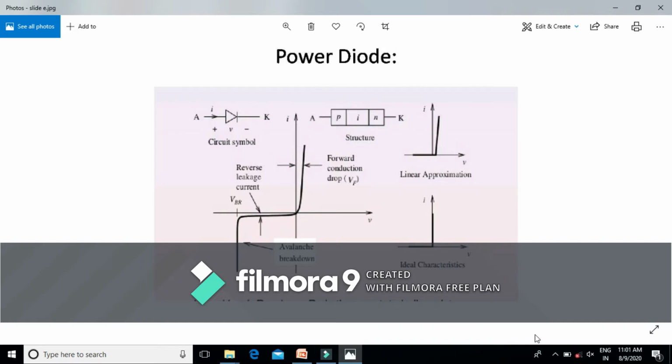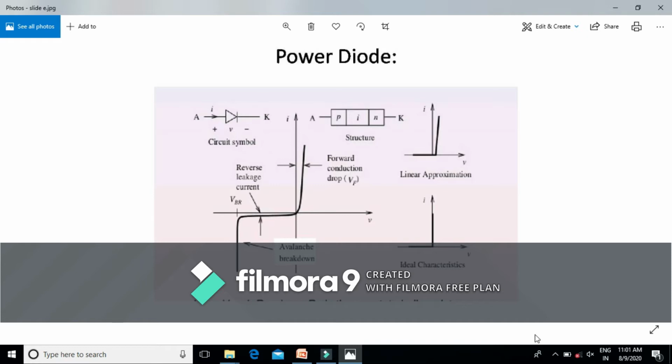As we know, when P and N type material is brought in physical contact, a depletion layer is formed, and this depletion layer is due to the diffusion of charge carriers, and hence an electric field is established across this junction, which stops further diffusion.